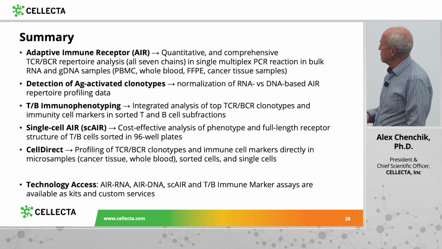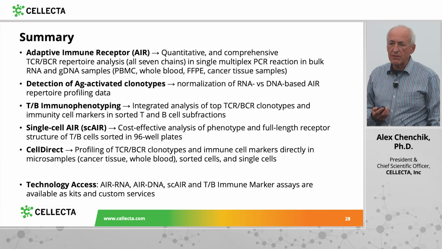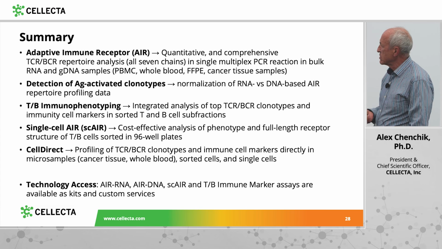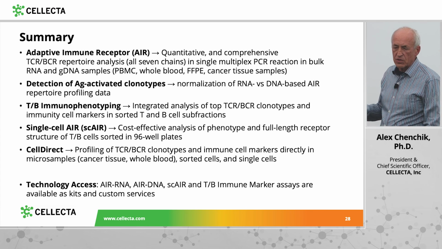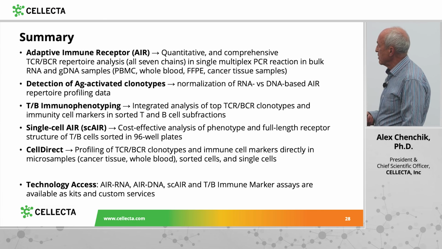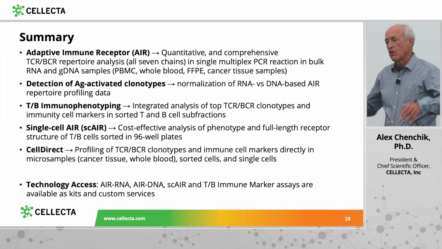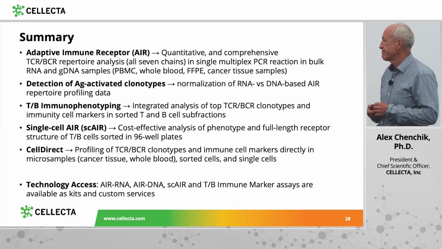We discussed a strategy for development of the assay for immunophenotyping of T and B cells using a set of 500 immunity markers. And we discussed a strategy for single-cell analysis using analysis of sorted cells, generating both phenotype and clonotype information, which can be useful in order to characterize full-length copies and clone them for follow-up validation studies.